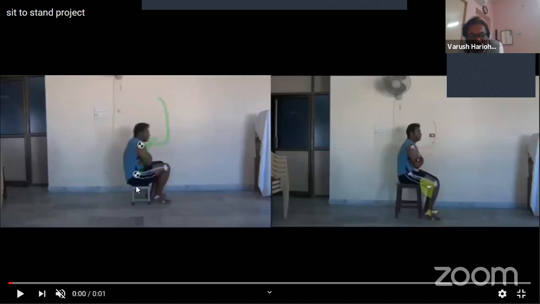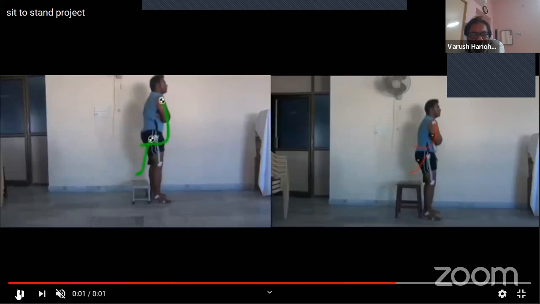That's what we call flexion. And this center of gravity has to move from here to here, right? That is the issue. So if you have to move from here to here, you have to produce a lot of force. And in a slightly higher chair, you can see that he's moving from here to here. That's all, right? So he has to produce lesser force also. Now, you can see that I have just tracked it, and you can see the height is from here to here.